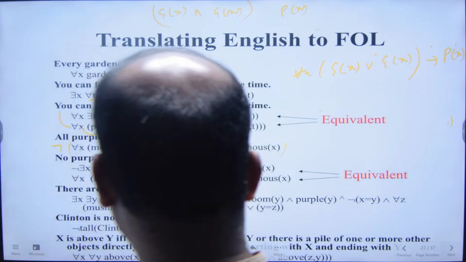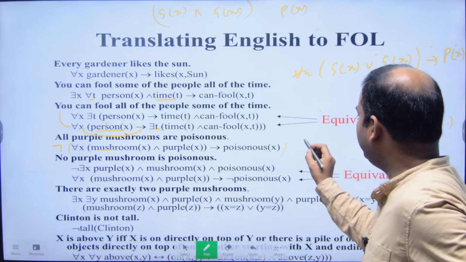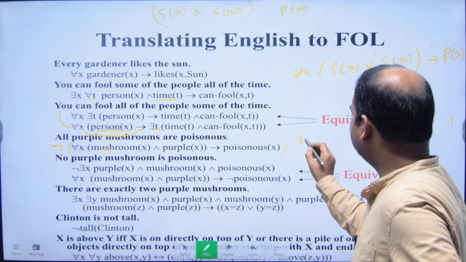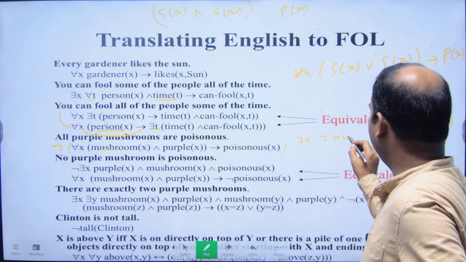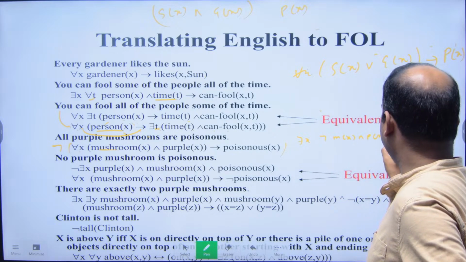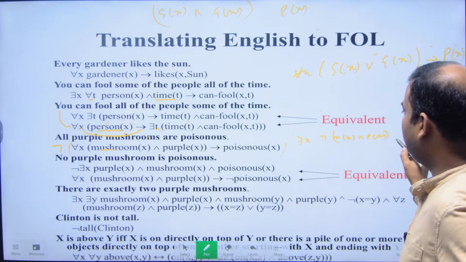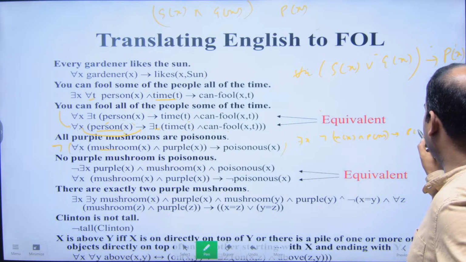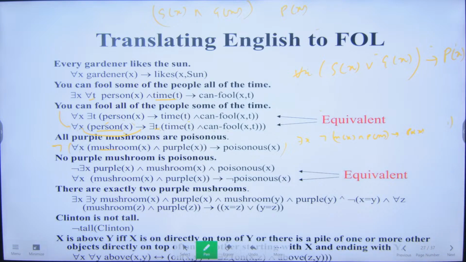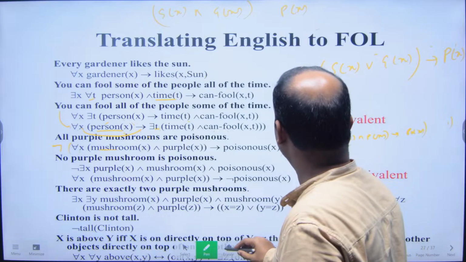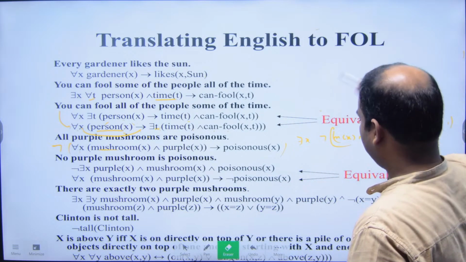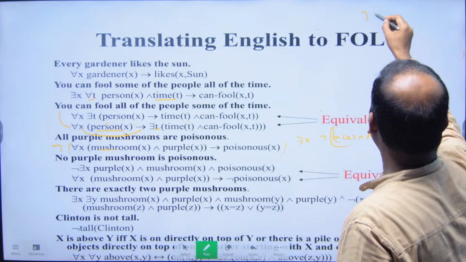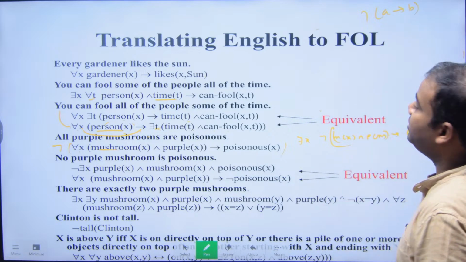Okay, so go ahead. This is correct, but after that what happened? This will become there exists x, not of mushroom x and purple x, means purple mushroom should be poisonous x. So when you do not of this, the and will get converted into and. What is not of a conditional statement?